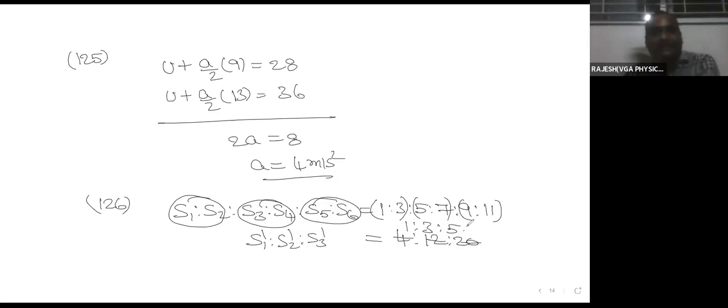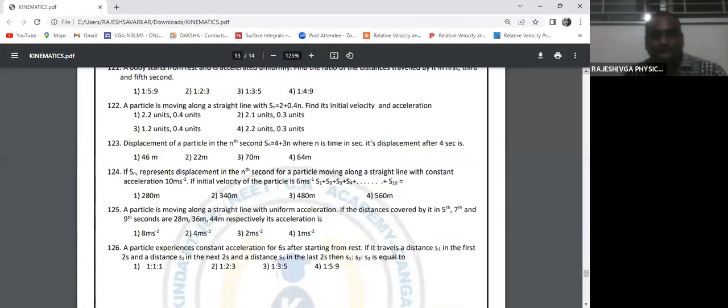If equal time intervals are there, the distances traveled are in the ratio 1 is to 3 is to 5. Okay? Any doubts in this one?